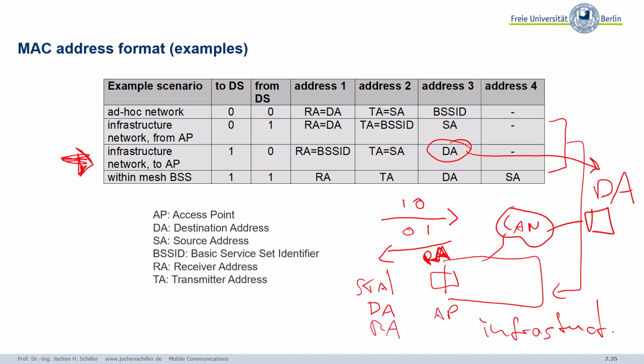So you see, depending on the setting, if you have infrastructure or if you have a mesh network, etc., you have completely different meanings of the addresses. Especially in the mesh network, you have a logical destination and a logical source, that's the fourth row here.